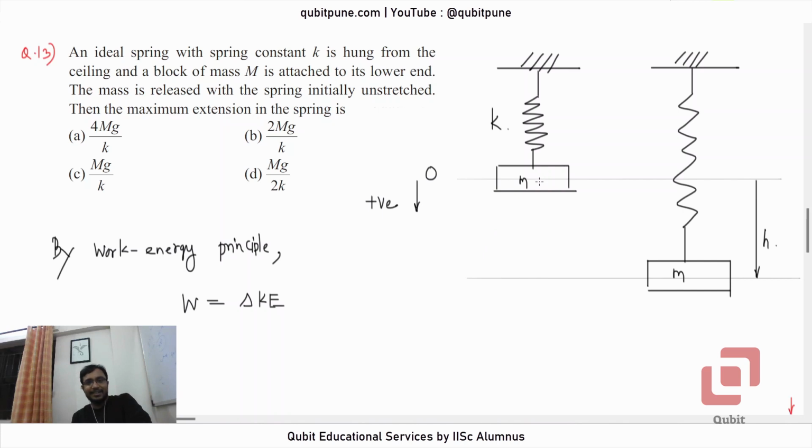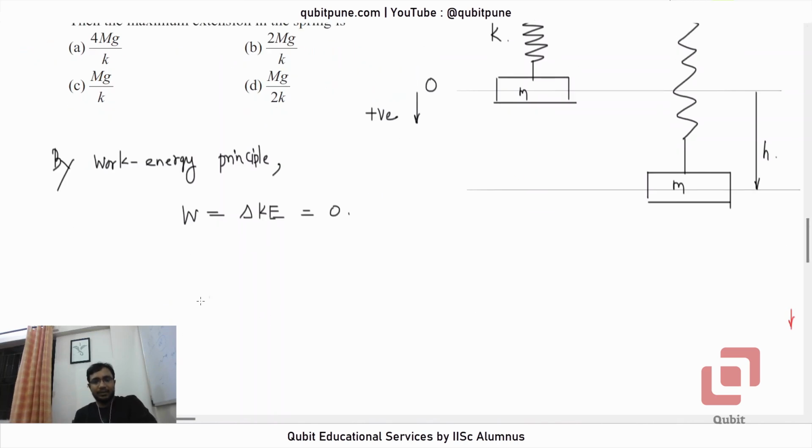Initial kinetic energy is 0, and final kinetic energy is also 0, so W must be equal to 0, right? Now, what is the work done? Work will be done by two forces. The first one is the weight, mg, and the second one is the spring force, which will act upwards. So the integral of mg minus kx dx equals 0.